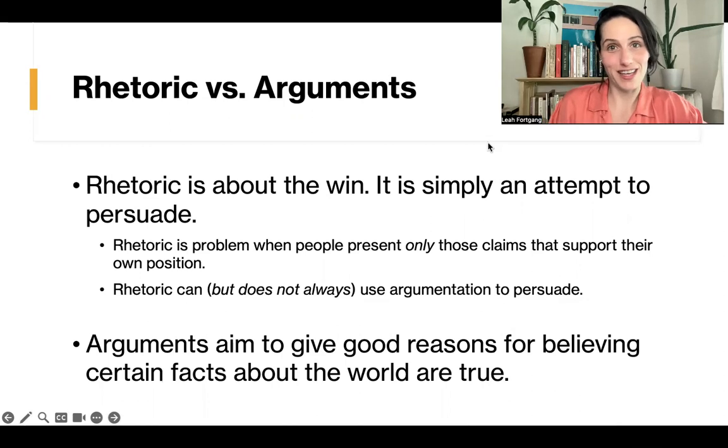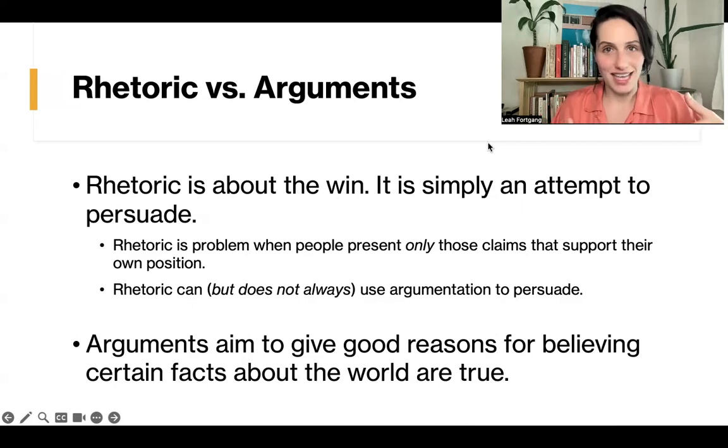This class is a philosophy class, and in philosophy, we use the term arguments to refer to a specific process by which we give reasons to support conclusions. Essentially, they're the reasons that we give as philosophers for supporting certain things that we're saying are true, maybe defending a certain moral principle, making a claim about what it is to know something, etc.